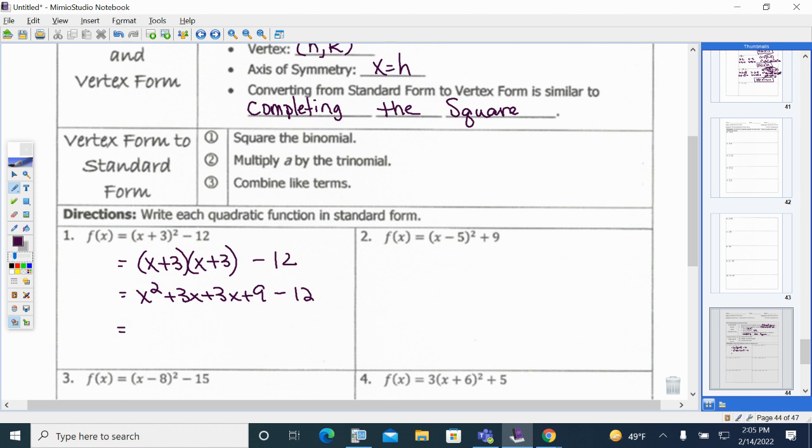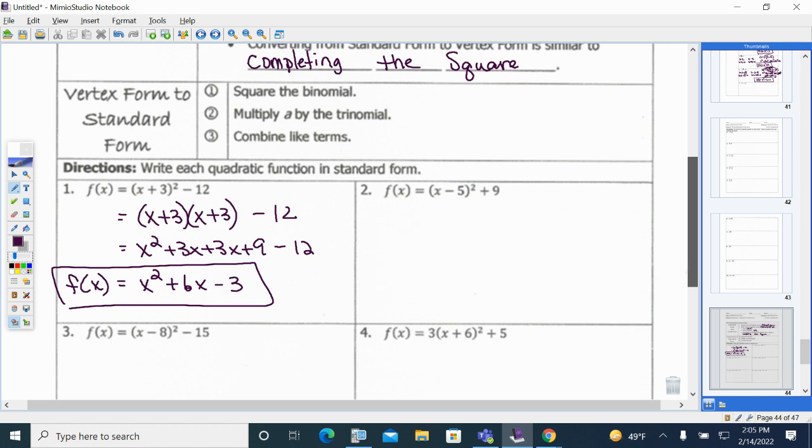Combine like terms, and we get x squared plus 6x minus 3. Don't forget the f of x out front. That's how that's done, and again, it's just order of operations.